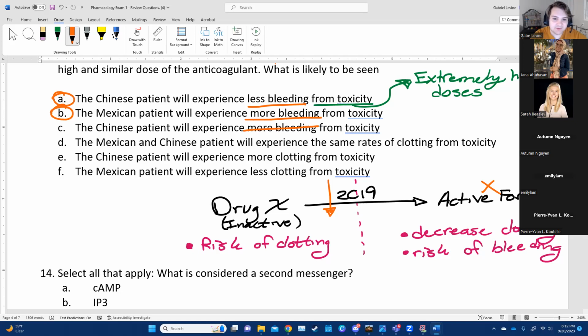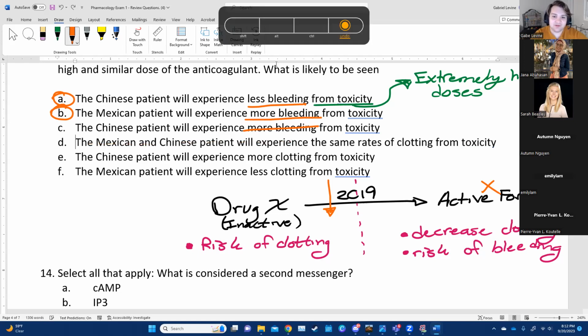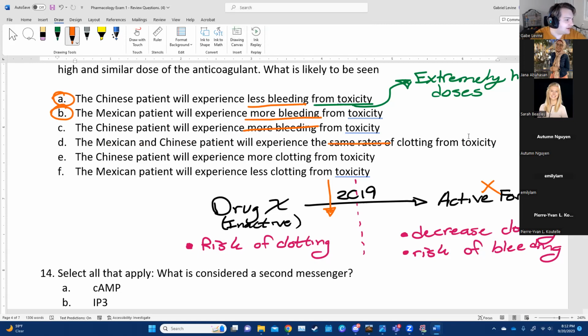The Mexican Chinese patient will experience the same rates of clotting. Well, that can't be true because we know that they have different enzyme concentrations, so they can't have the same rate of anything. The Chinese patient will experience more clotting from toxicity.